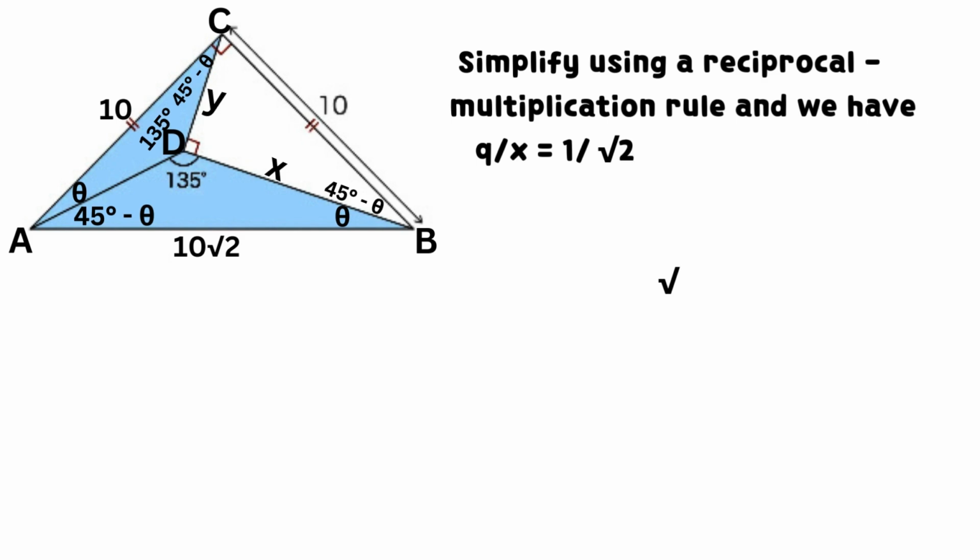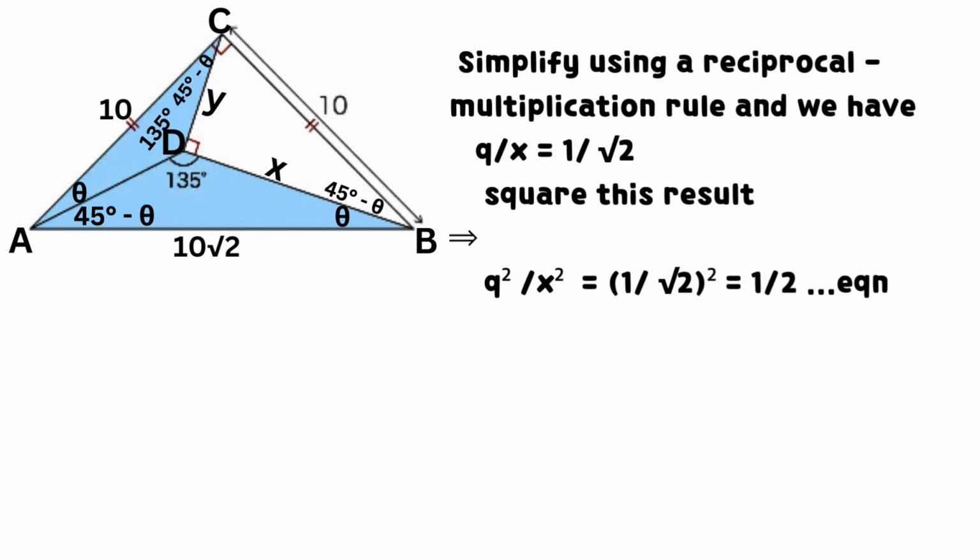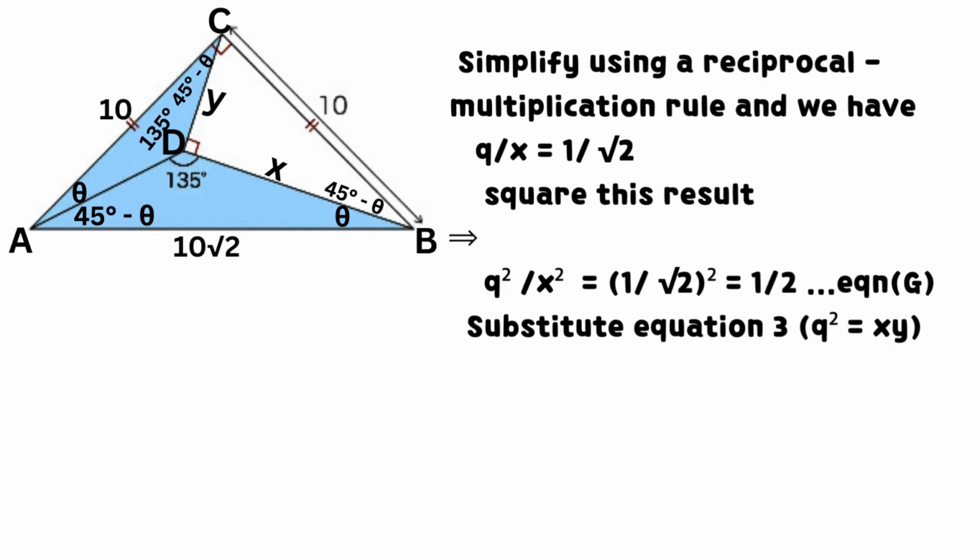Simplify using a reciprocal multiplication rule and we have that q divided by x equals 1 divided by the square root of 2. Square this result and we have that the square of q divided by the square of x equals the square of 1 divided by the square root of 2, which equals a half. We call it equation G.